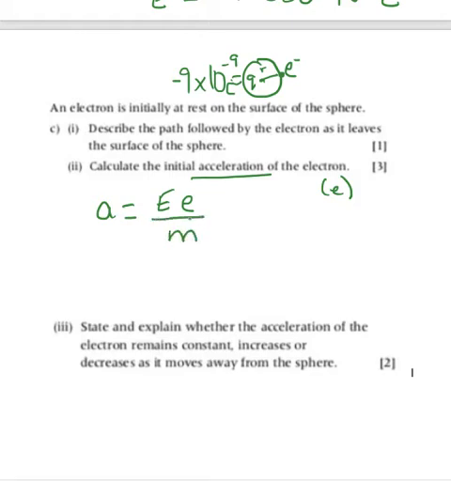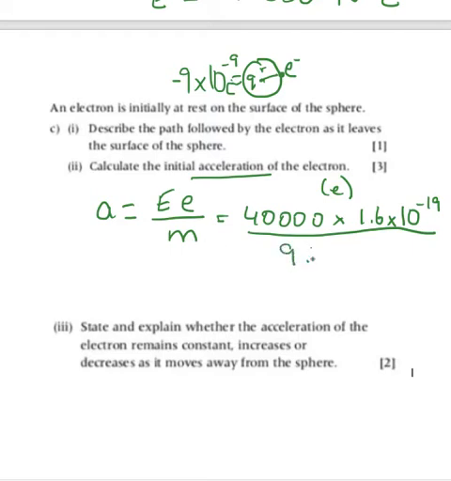So we have that. Now, what do we know here? Do we know the electric field? Well, yeah, we just found it in the previous question. And even if we didn't, it was given to us. Charge on the electron, you will find this in the table of constants as elementary charge, as that. And divided by mass of the electron, which is also given in the data booklet as such.